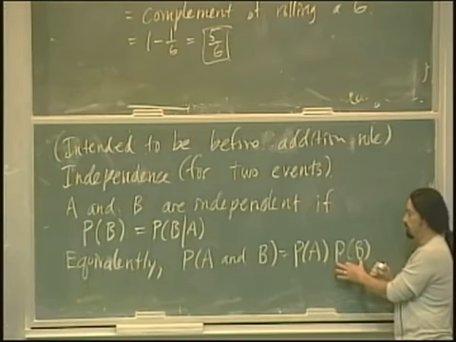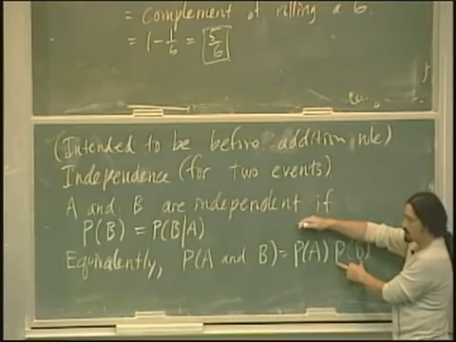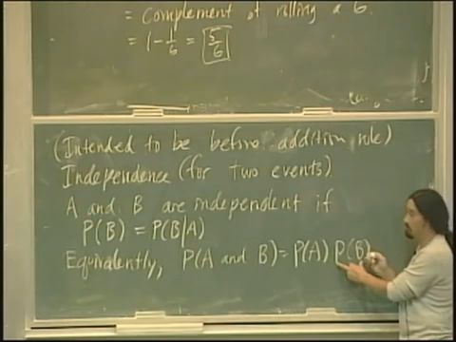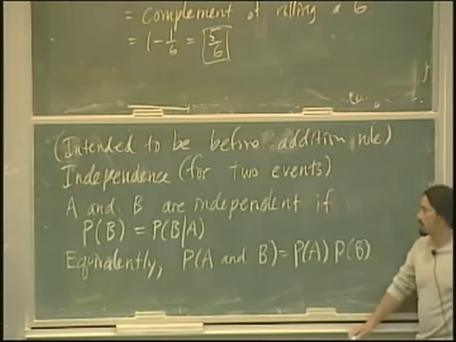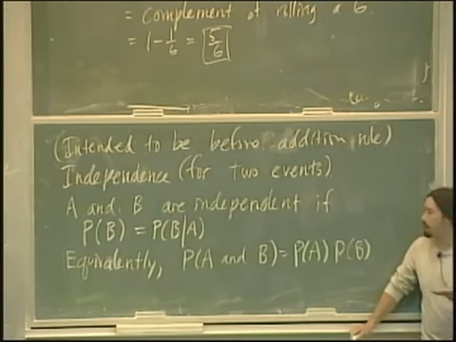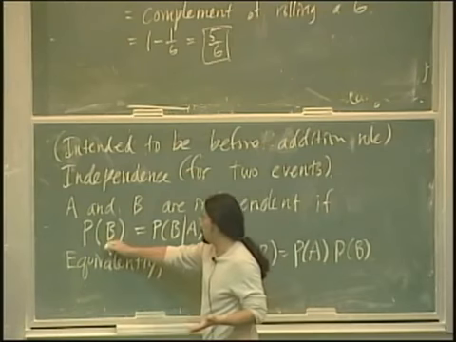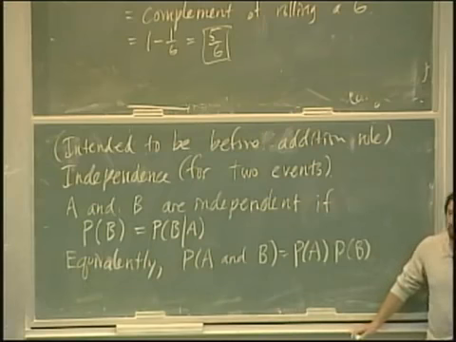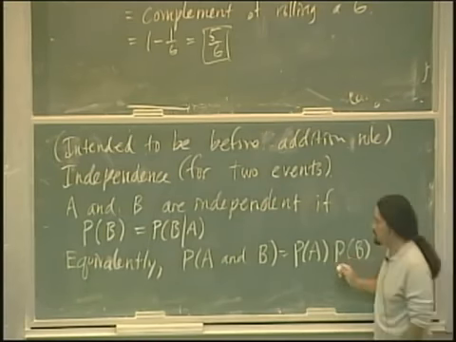So if the probability of B is equal to the probability of B given A, you could just put the probability of B in here instead of the given part. So intuitively, what I mean by independence is that the chance of an event is not affected by whether or not the other event happens. So the chance of one event is the same whether or not the other event A happens, okay? And this is a special case of the multiplication rule.